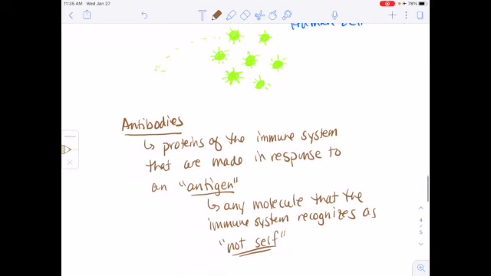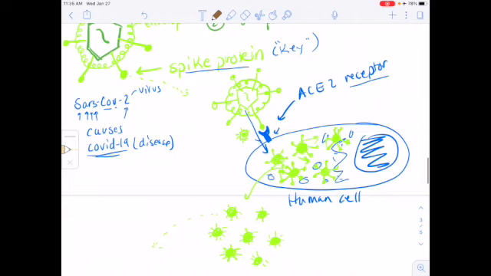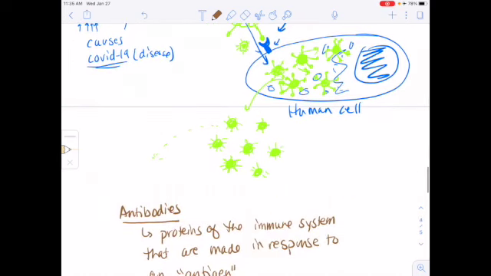And in the case of SARS-CoV-2, it's generally the spike protein that the immune system is like, what the heck is that? Quick, make antibodies against it. Antibodies are usually Y-shaped like this.